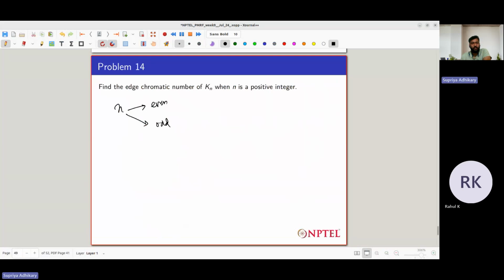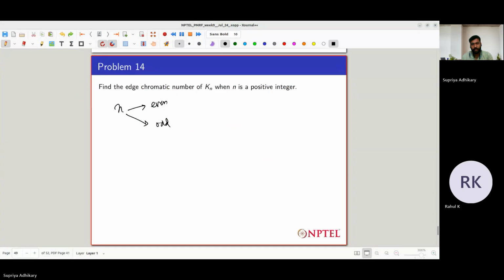We consider when n is even. So we'll give an example for only n equal to 8, and the construction, the coloring process for any n will be the same.